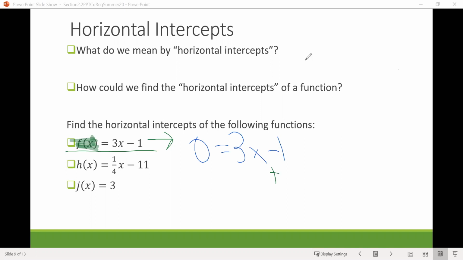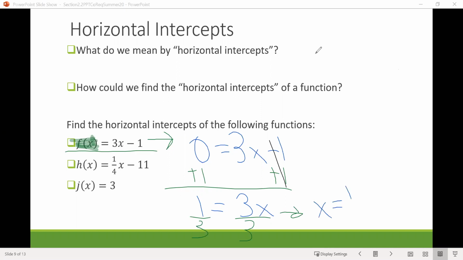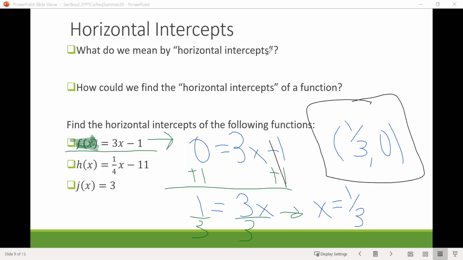We can solve that by adding 1 to both sides. We'll end up with 3x equals 1. Divide by 3 on both sides, so we'll end up with x equals 1/3 as the input value at our horizontal intercept, which tells us our horizontal intercept for this function would be 1/3, comma, 0. Again, because it has that form of x, comma, 0. So output of 0, and the input in this case is 1/3.